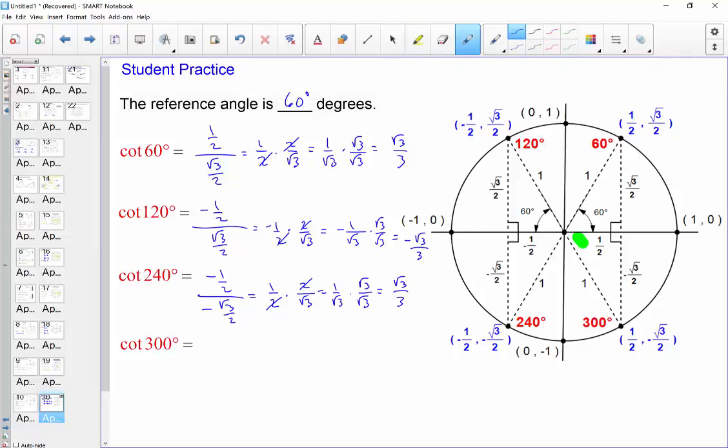The adjacent side in quadrant 4 is a positive 1/2 over the opposite side, negative square root of 3 over 2, equals 1/2 times negative 2 over the square root of 3. 2's cancel. We're left with negative 1 over the square root of 3. Rationalize the denominator. We get negative square root of 3 over 3.